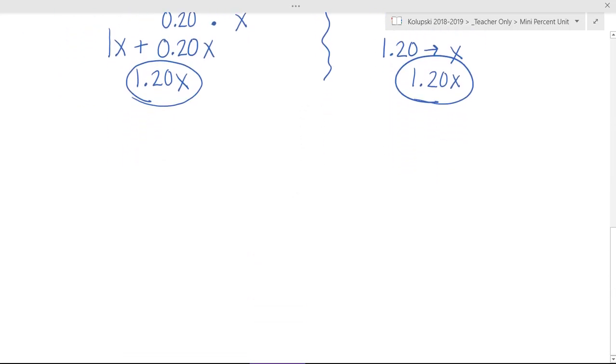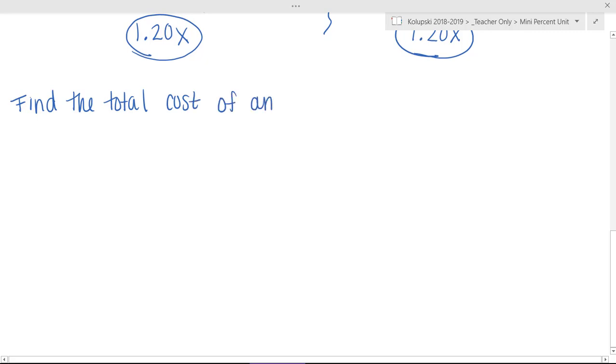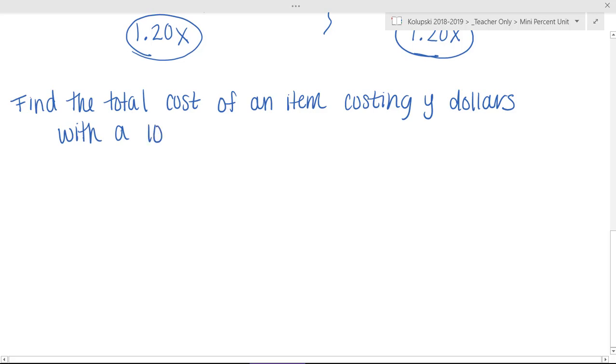Let's try one more. So go ahead and write this one down in your notebooks as well. We again are going to find the total. This time we have an item costing $y, and we're going to have a 10% discount.